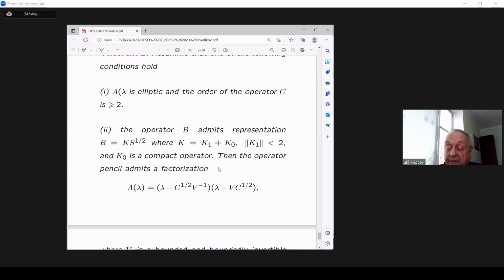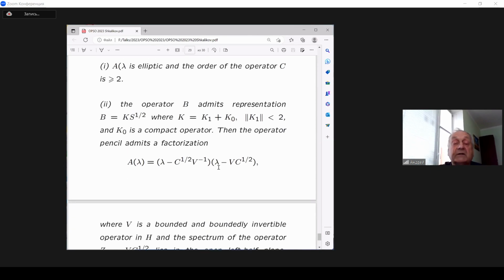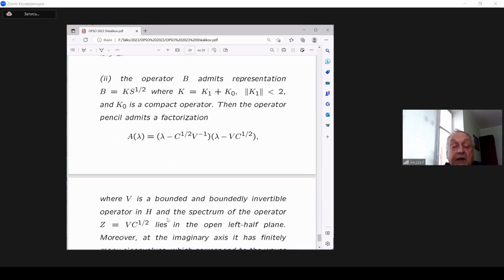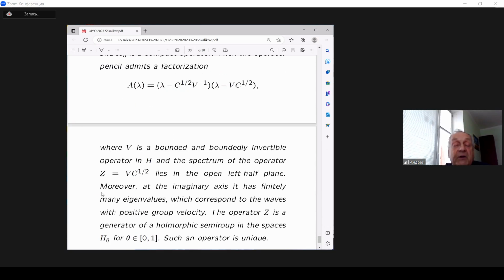Then the operator A of lambda admits this factorization, where V is bounded and boundedly invertible in H, and the spectrum of the right divisor, operator Z, lies in the open left half plane.